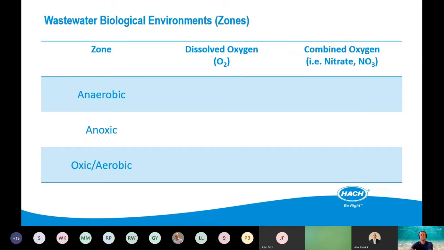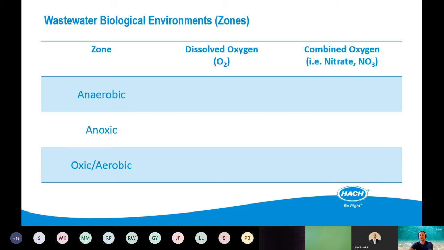So wastewater biological environments, or zones as we call them a lot of times. When we're talking about wastewater treatment plants, there are so many different ways and terms: activated sludge, plug flow, step feed, MBBRs.